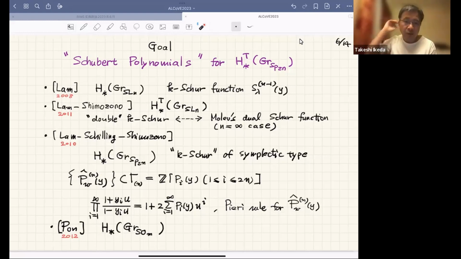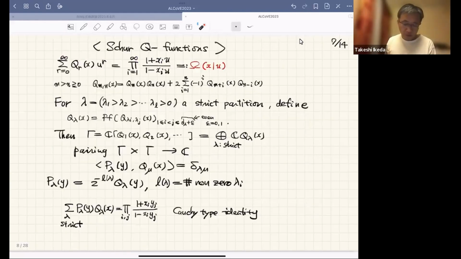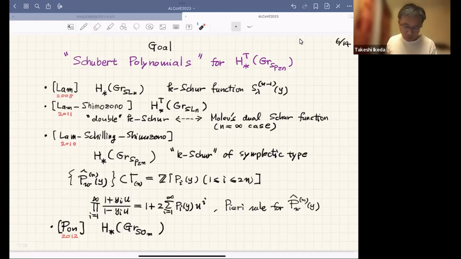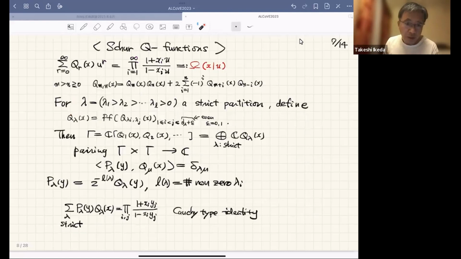Okay. The basic algebraic ingredients of our construction are the Schur Q functions. I think most of the audience are familiar with these, but let me briefly explain what the Schur Q functions are. We can introduce certain symmetric functions Q_i by a generating function. I also want to denote this power series by omega.